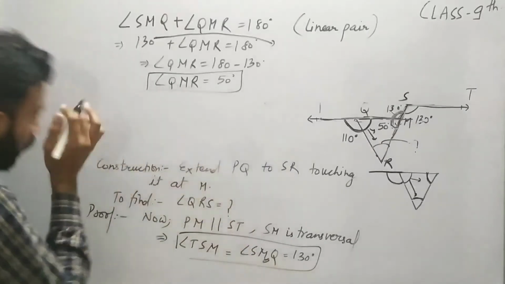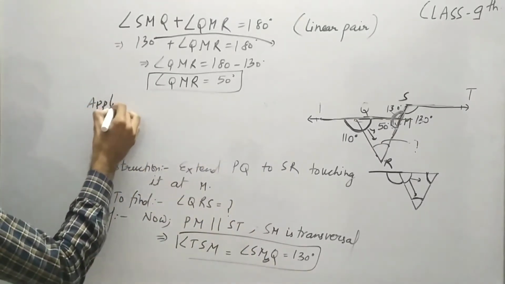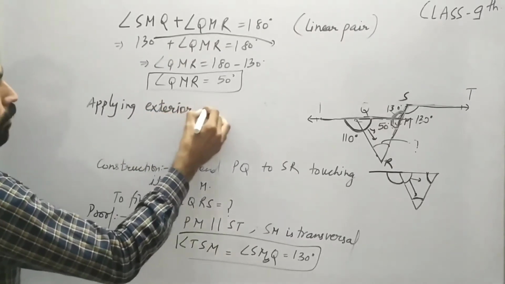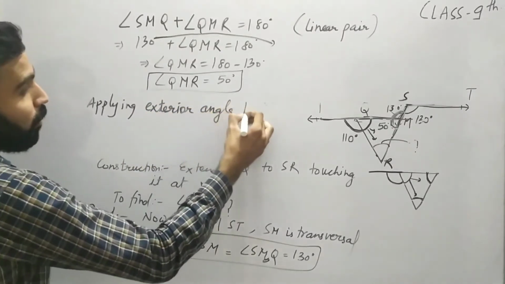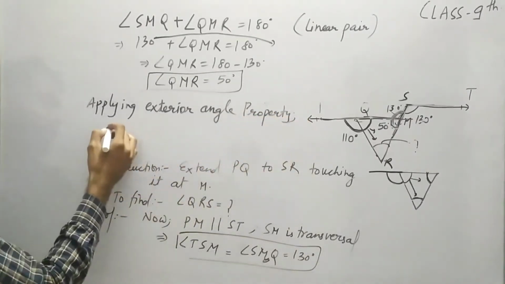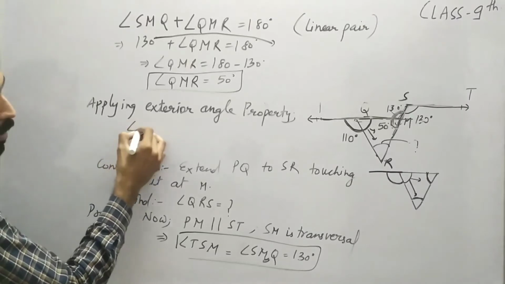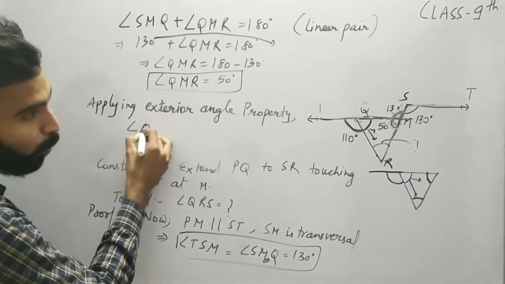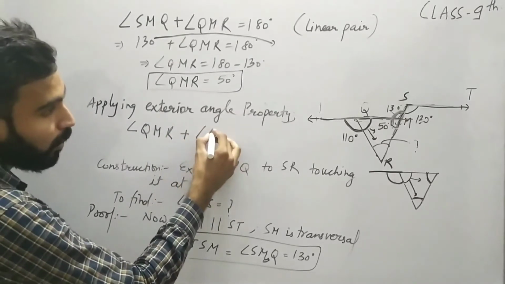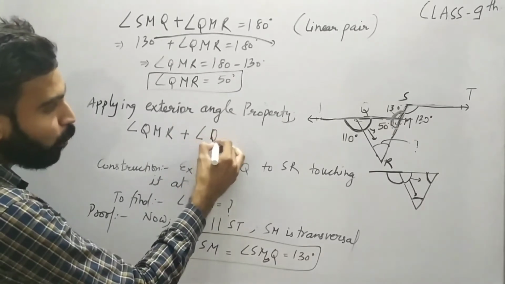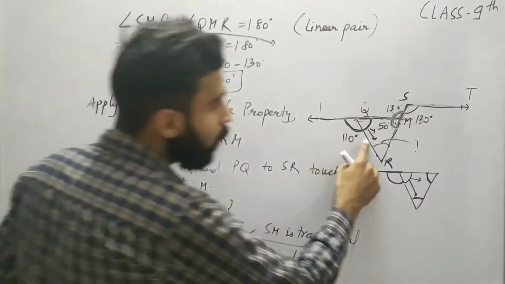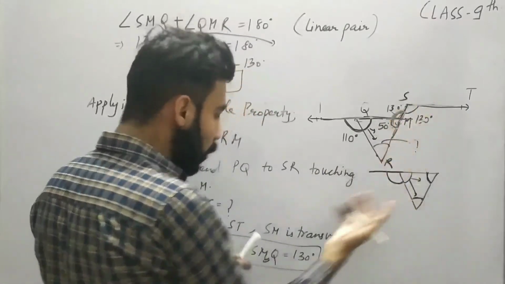So, applying the exterior angle property, we can write this as angle QMR plus angle QRM, right? So QRM, or you can say QRS, they are going to be the same.